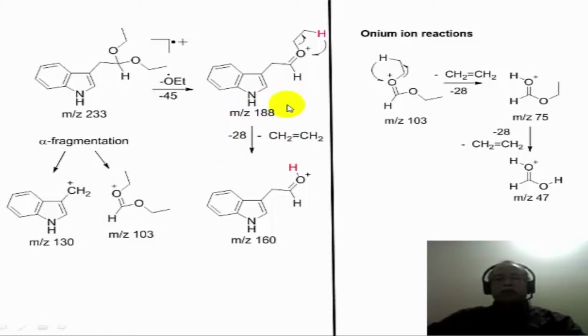Whenever an oxonium ion is formed, it is followed by an onium ion reaction. Onium ion reaction is essentially the migration of a hydrogen from the beta position to the onium atom, that is in this particular case the oxonium oxygen atom, with the concomitant loss of a molecule of ethylene. So loss of 28 mass units will give you a fragment which corresponds to 160.